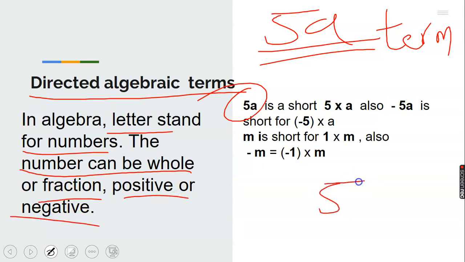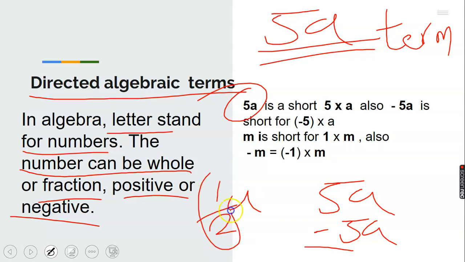Just like 5a, the 5 here is a positive number. Look at minus 5a. The number here is a negative number. Or we can also have 1 over 2a. You can see the number we have here is a fraction.